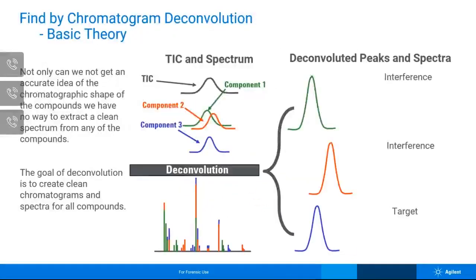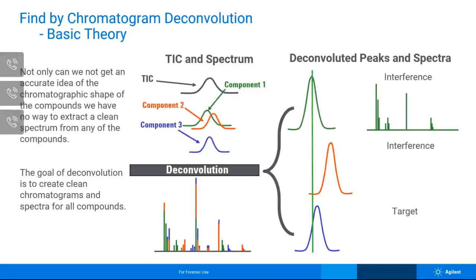So what deconvolution does is based upon an extracted ion chromatogram, where it lines up and generates a spectra table based on ions that have been extracted with the same retention time and compound peak shape. It will place those into a bucket to generate a spectra.